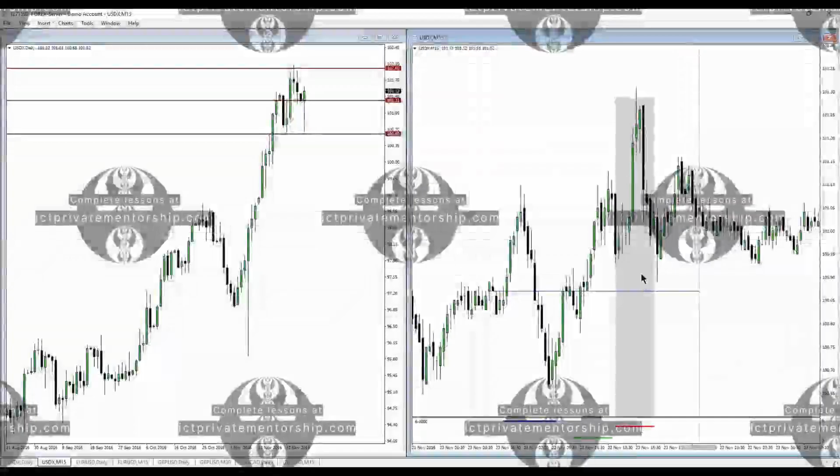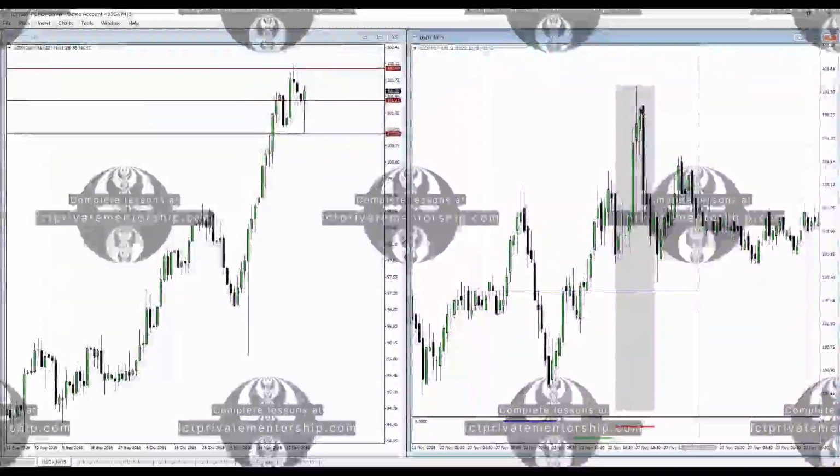But here, this clearly, you can see, is a wonderful example of how these kill zones give you the reference point of time of day. It doesn't give you the buy, the sell, or the level. Okay, it just tells you the time of day when to anticipate specific components of the daily range.